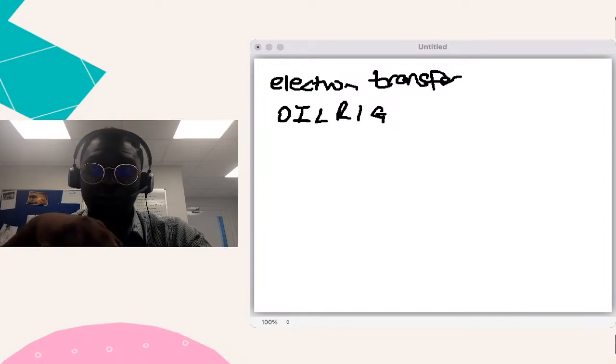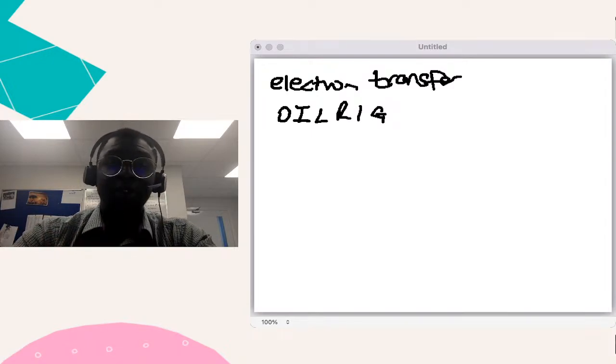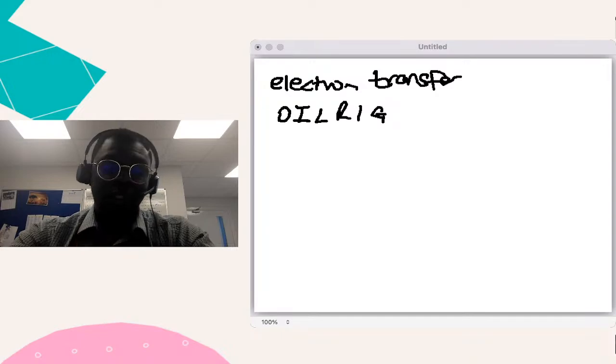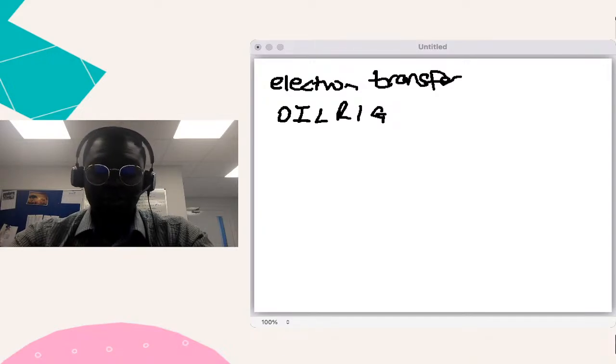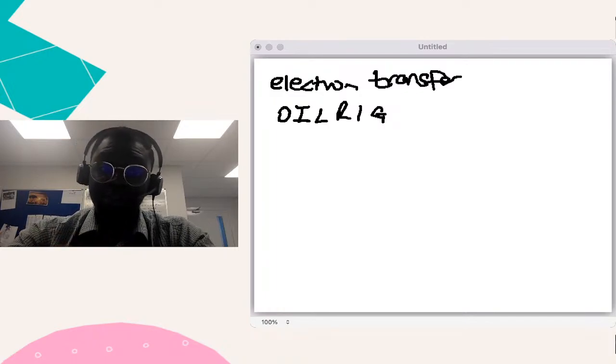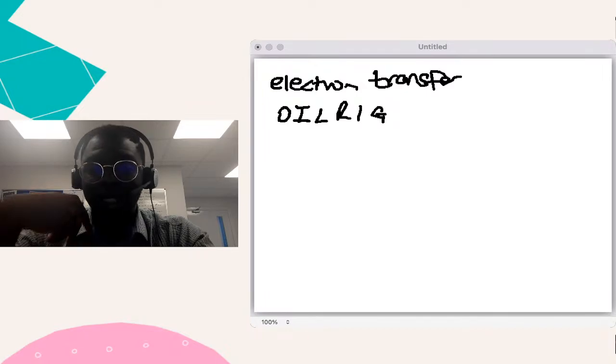So oxidation is the loss of electrons. Similarly, reduction is the gain of electrons. So when something loses electrons, it's being oxidized. And when something is gaining electrons, it's being reduced, which is really, really useful for us to understand.